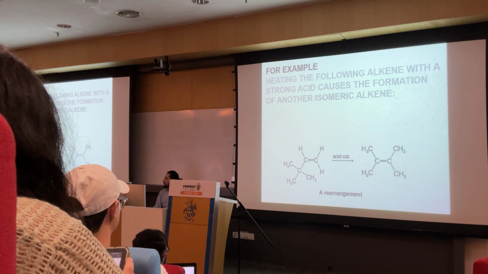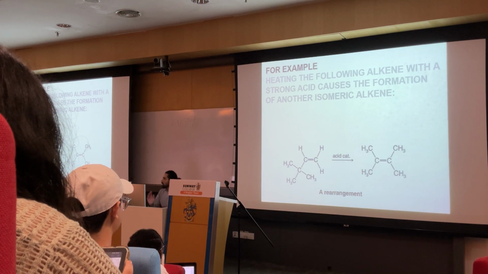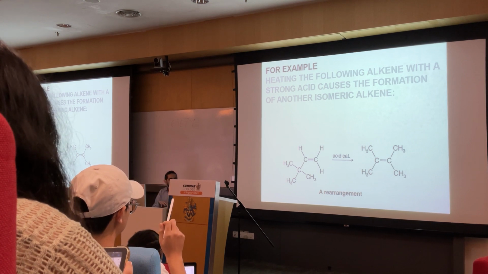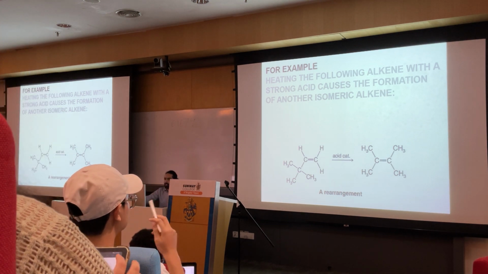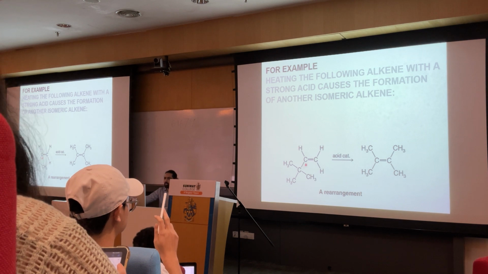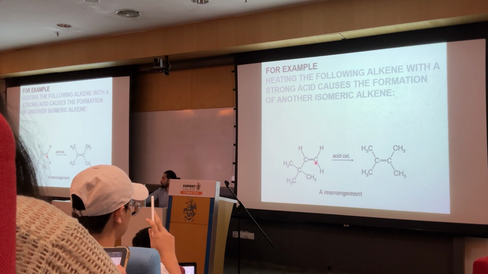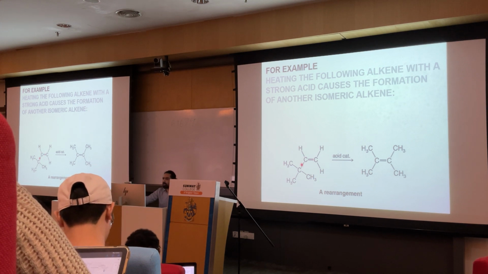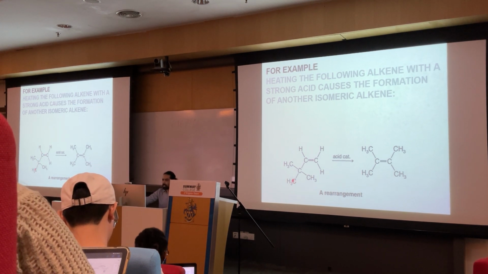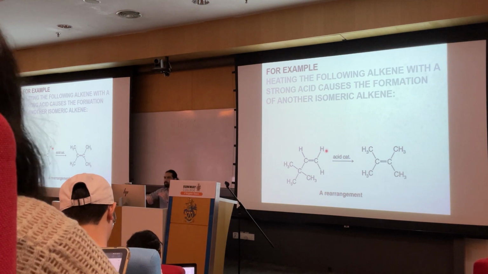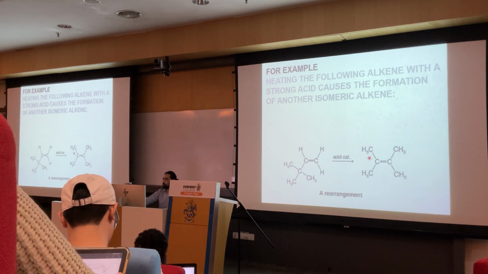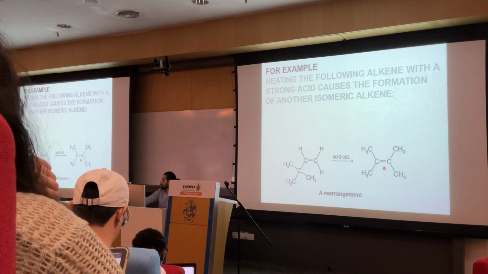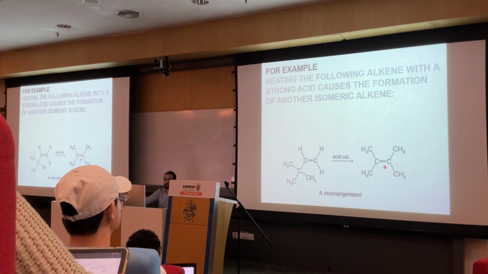This is the reaction in which a terminal alkene gets converted into a middle alkene. The carbon-carbon double bond initially was at the last carbon. Now this double bond gets shifted here, and then the methyl comes there. So rearrangement of the double bond and methyl group makes it into a tetra-substituted alkene. Classic example of rearrangement reaction.